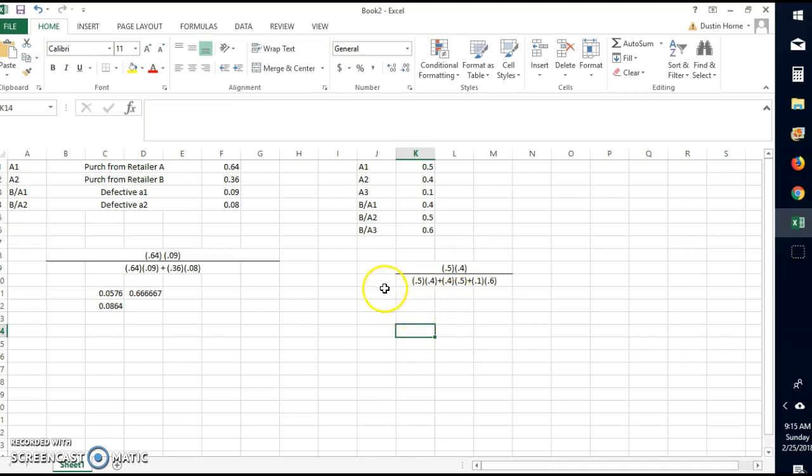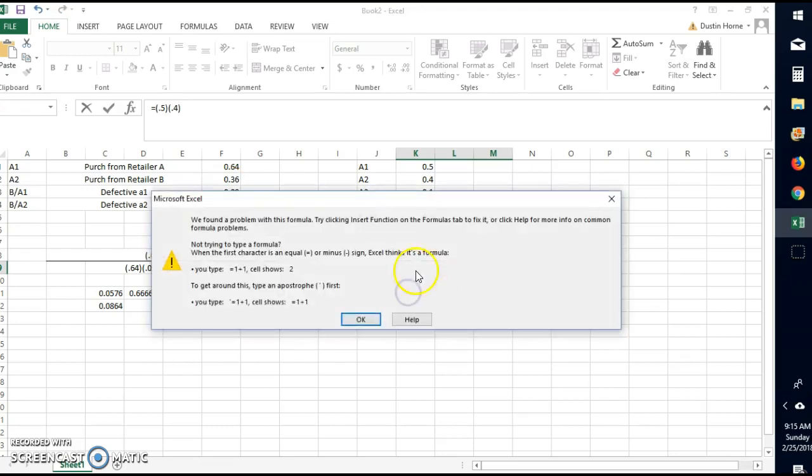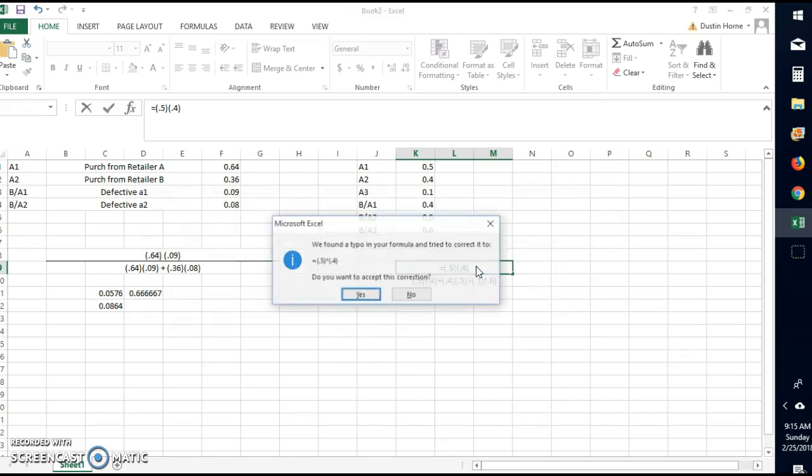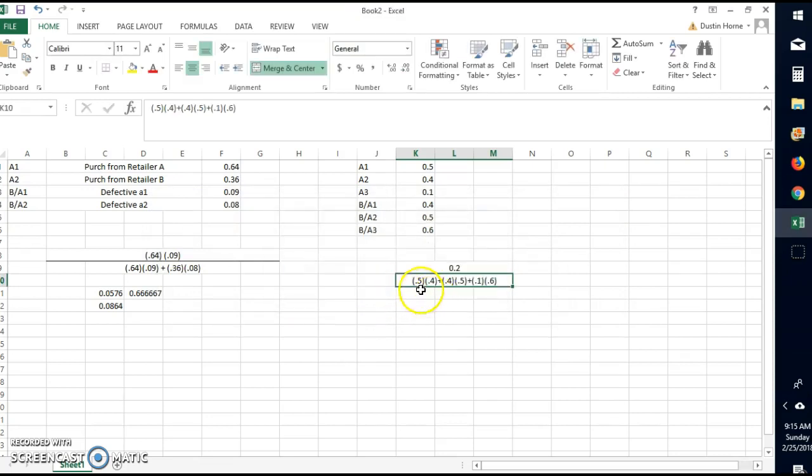And then all you have to do is multiply those. I'm just going to try to do this without being crazy this time. And then down on the bottom.